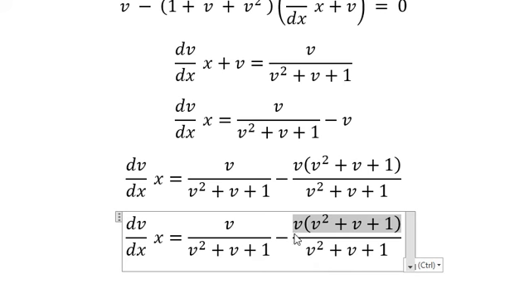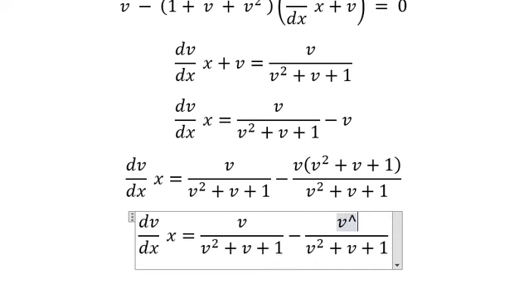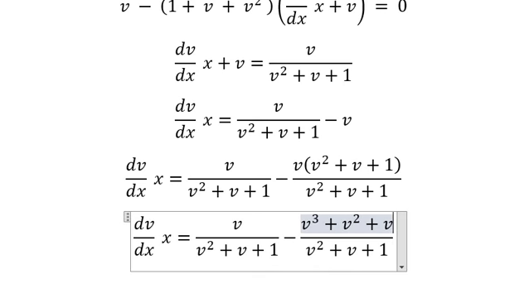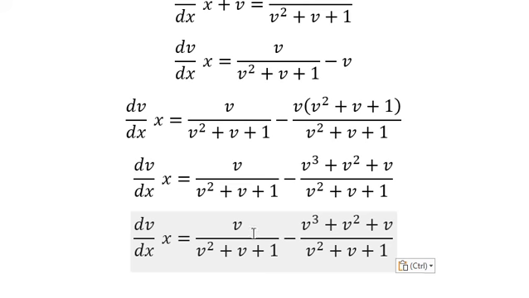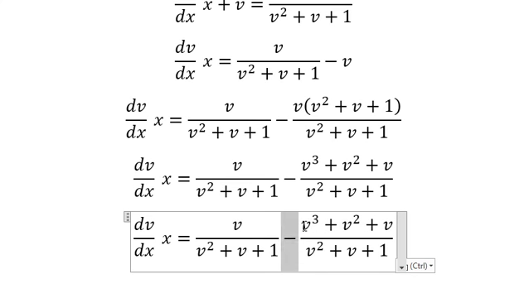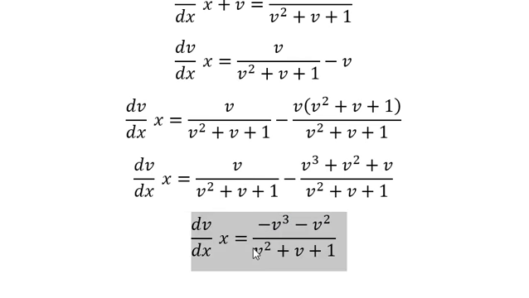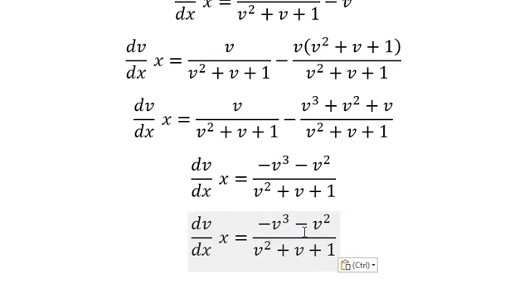Now, we need to expand. So, v minus v we cancel. Negative, we put this one. So, I will put this one go to the left, ds and s go to the right.